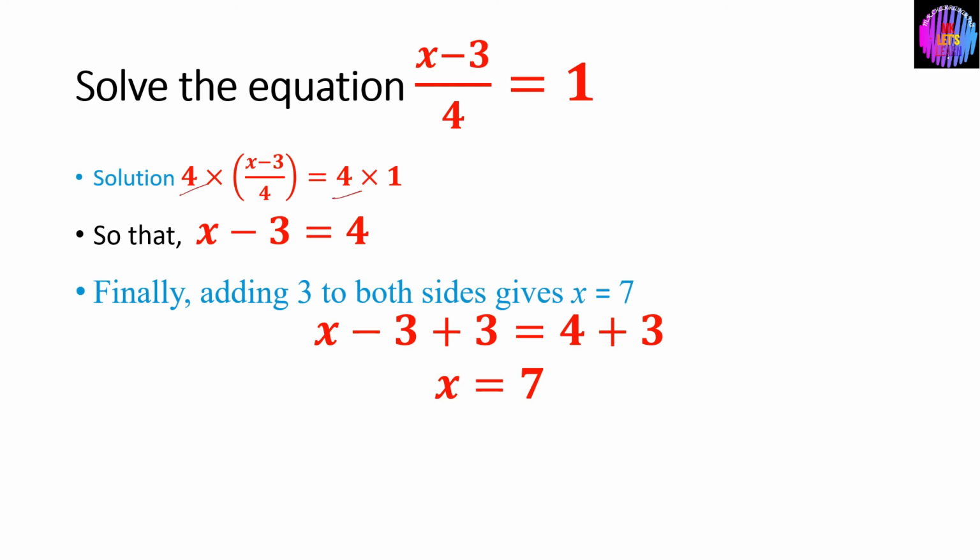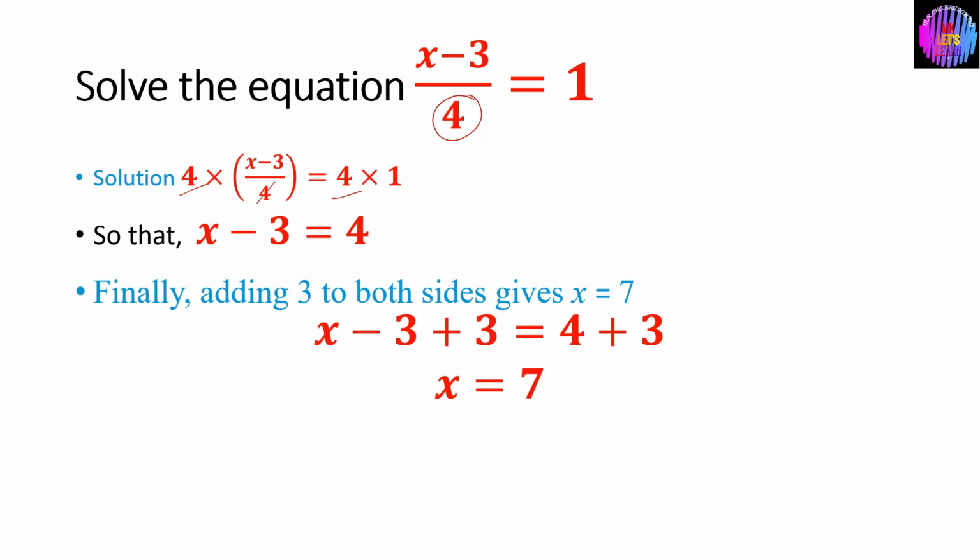This will remove the 4 in the denominator, so if we multiply both sides of the equation by 4, this will remove the 4 in the denominator.